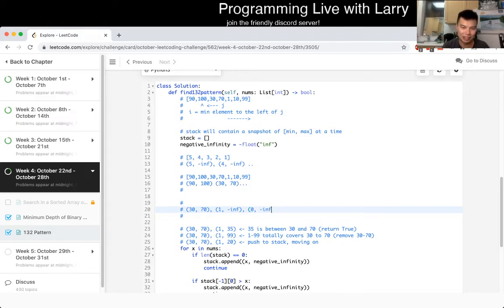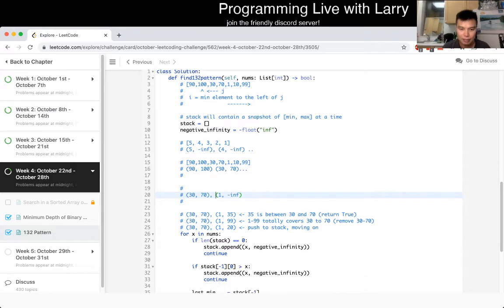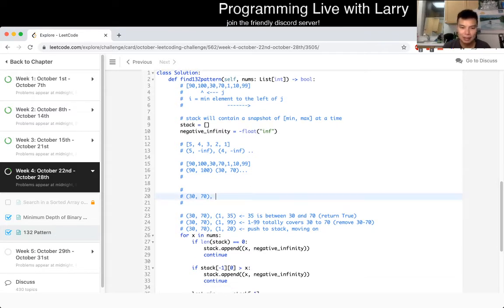But this is essentially the same thing as 1, negative infinity, so we can ignore it per se. Right. But now let's say the next number is between, let's say we have 35, right?